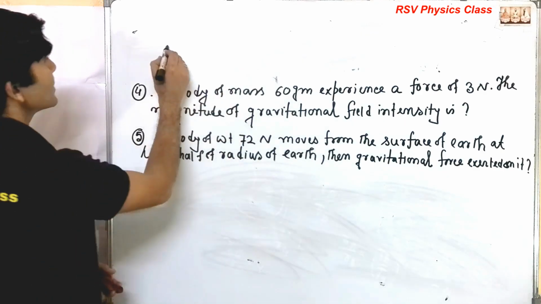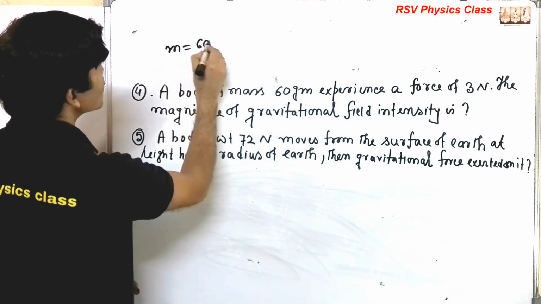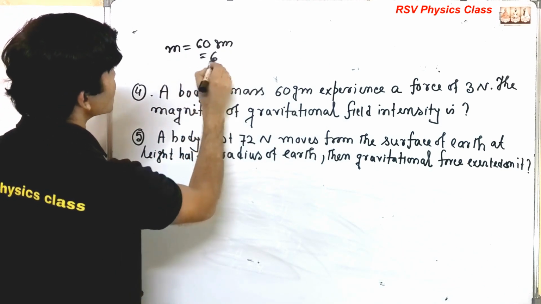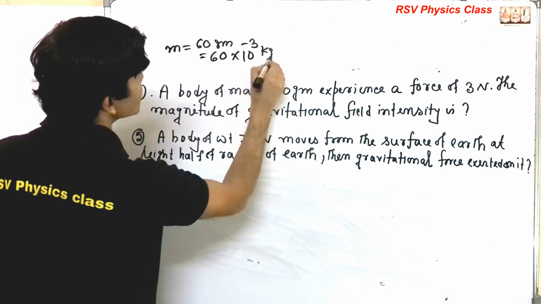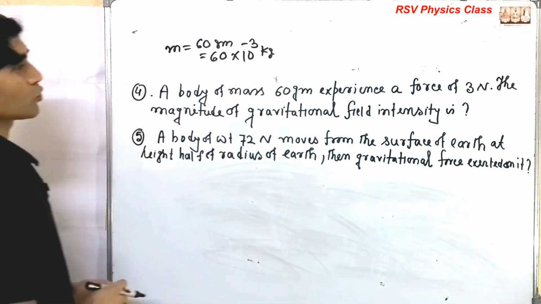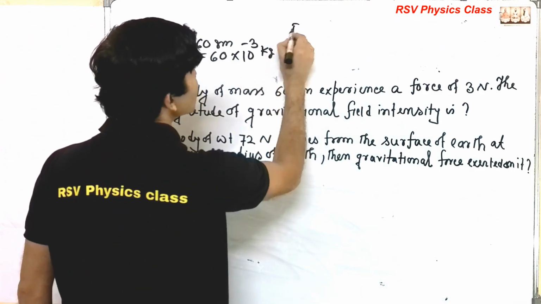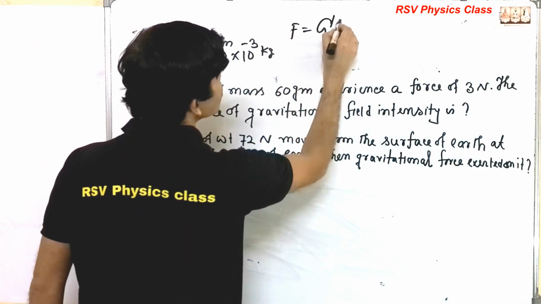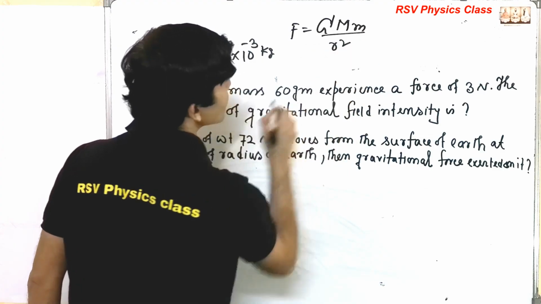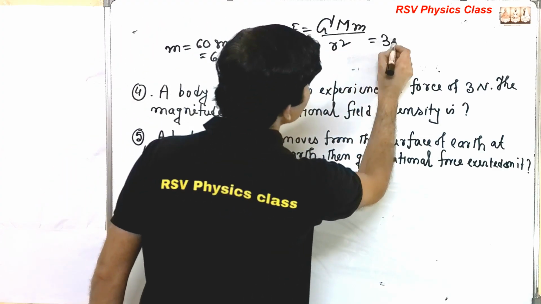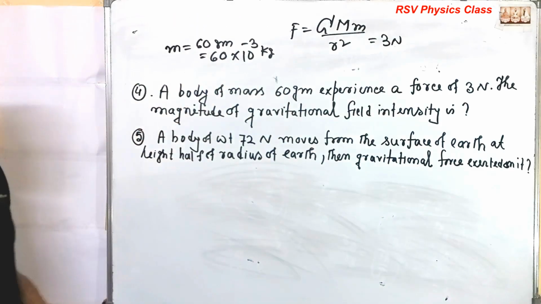Mass is how much? M equal to 60 gram equal to 60 into 10 to the power minus 3 kg. And it experiences a force. So force equal to Gm over r square equal to 3 Newton. Fine.